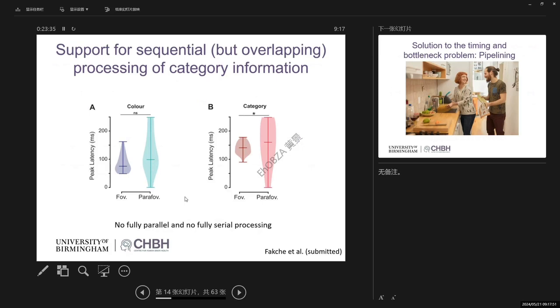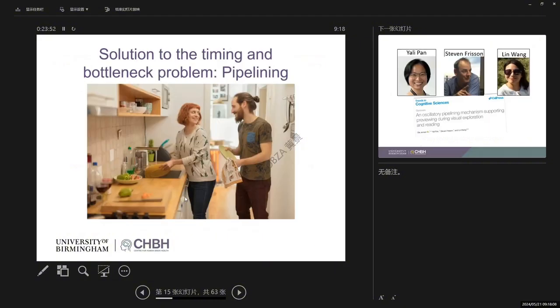So we like to think that there's some sort of pipelining mechanism going on in which different objects are processed in parallel, but at different levels of the visual hierarchy. So what do I mean by this? Well, it's in fact not so complicated if you think about doing the dishes, right?